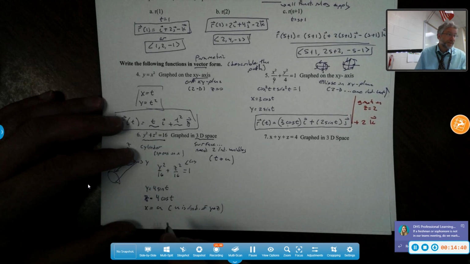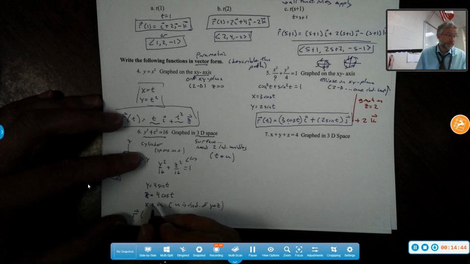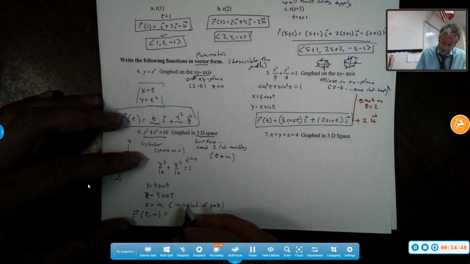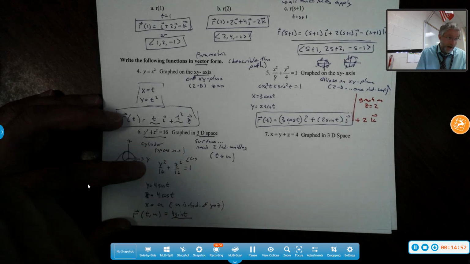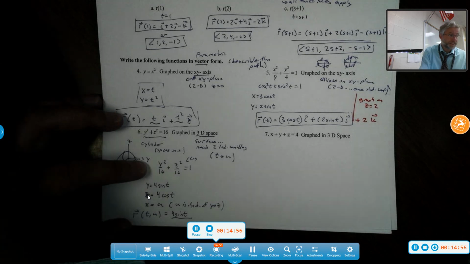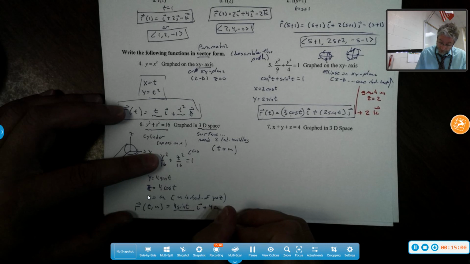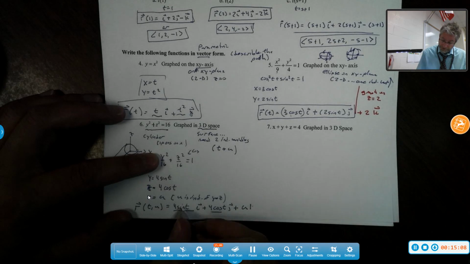So writing our vector valued function, r of t, u equals, in the x component, 4 sine t i... Whoops, I messed up.